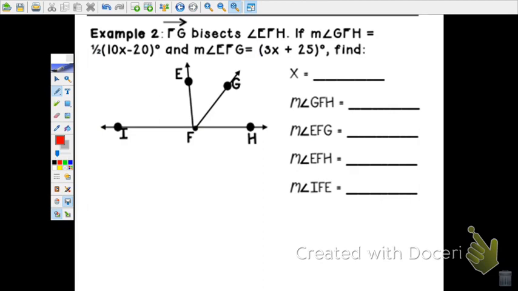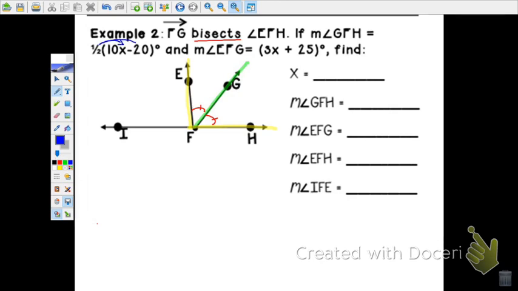So looking at this example, they tell me that ray FG is bisecting angle EFH. So again, because I know that it bisects, it is cutting that angle into two equal parts. Then they tell me that the measure of angle GFH is half of 10x minus 20.